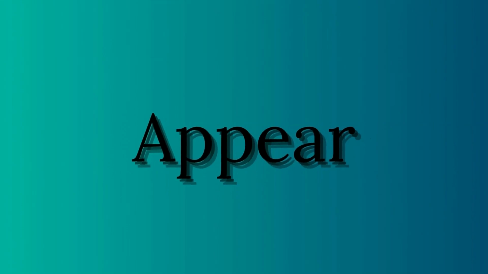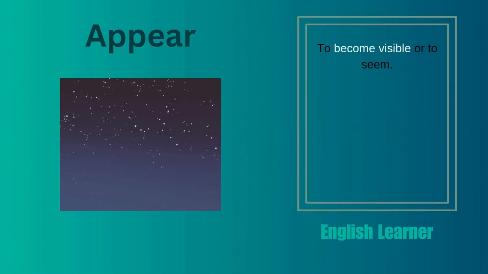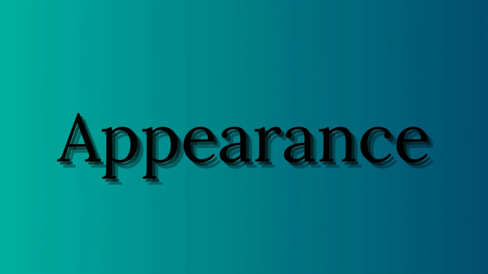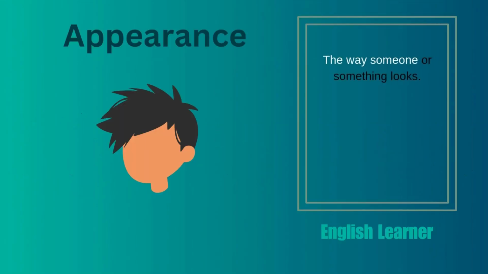Appear. To become visible or to seem. Example. The stars begin to appear as the night sky grows darker. Appearance. The way someone or something looks. Example. His messy hair made his appearance look unkempt.